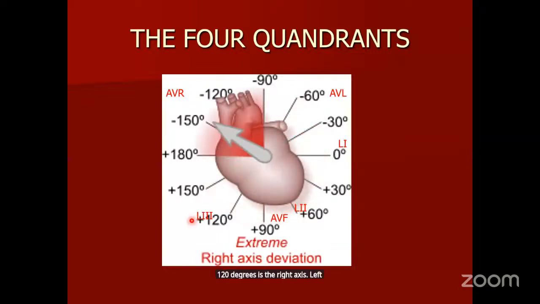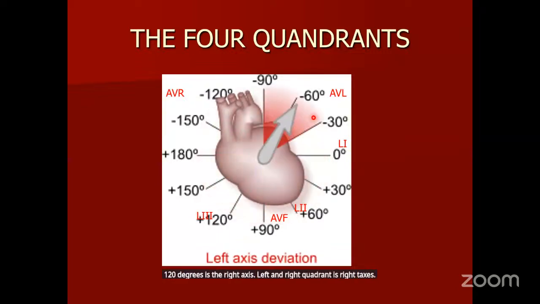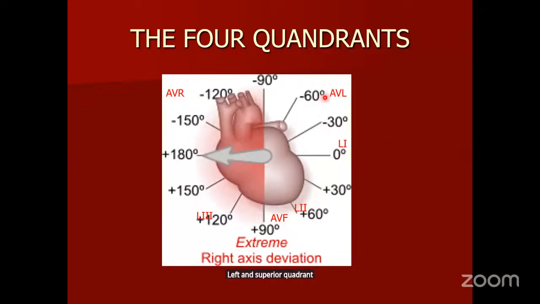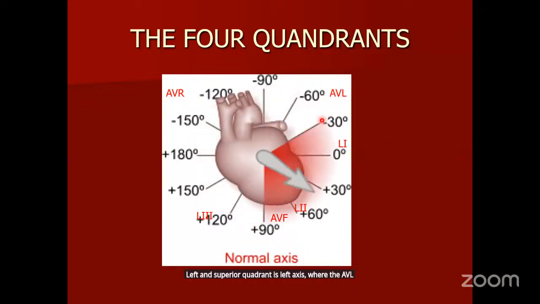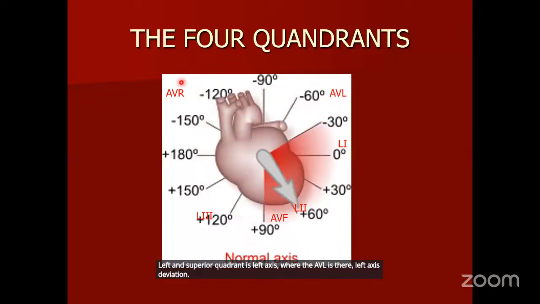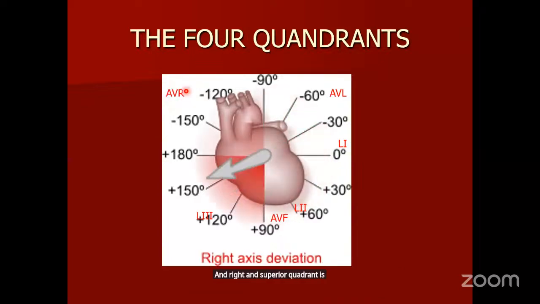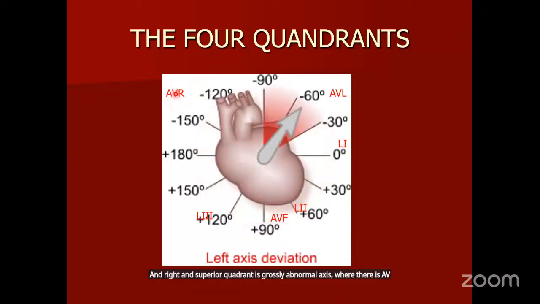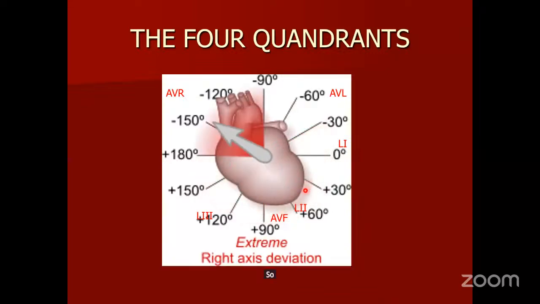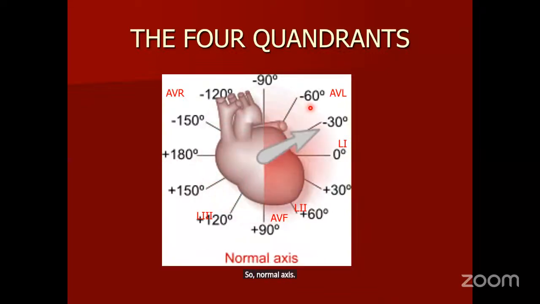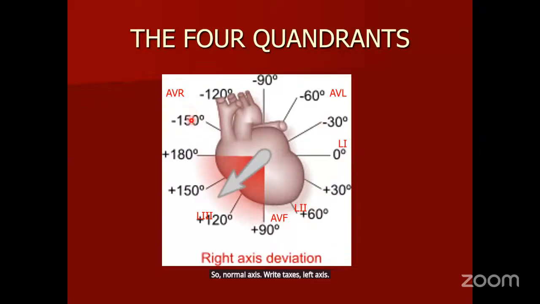Left and superior quadrant is left axis, where the AVL is there, left axis deviation. And right and superior quadrant is grossly abnormal axis, where there is AVR, northwest axis. So normal axis, right axis, left axis, and the northwest axis or the 4 axis.